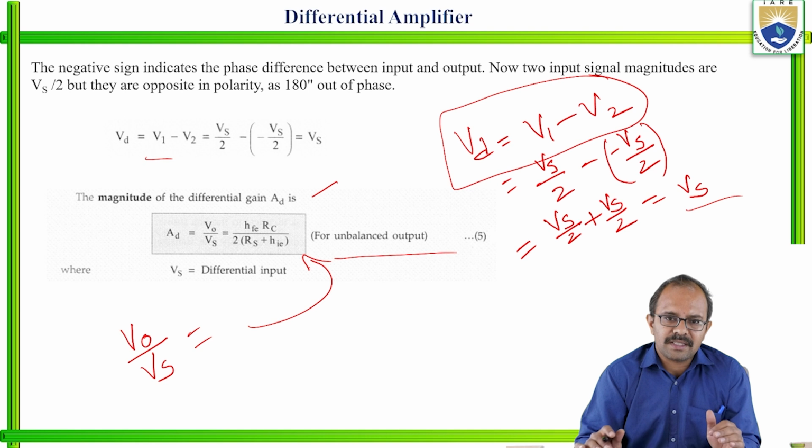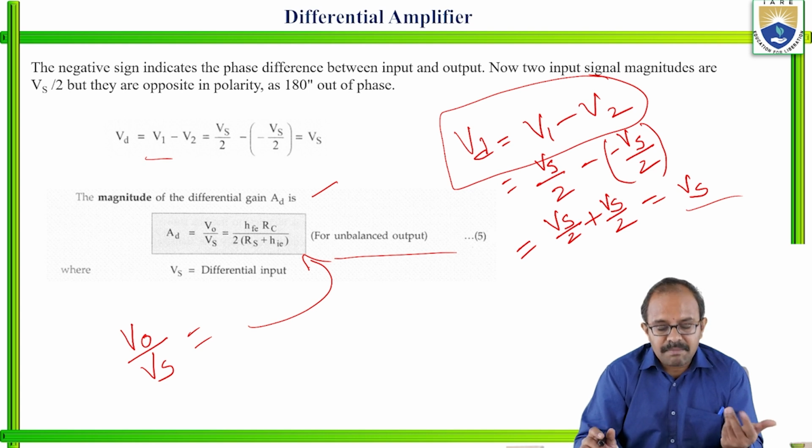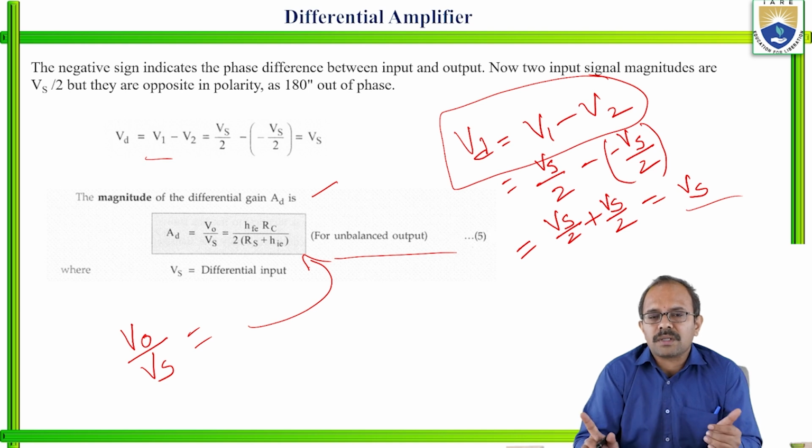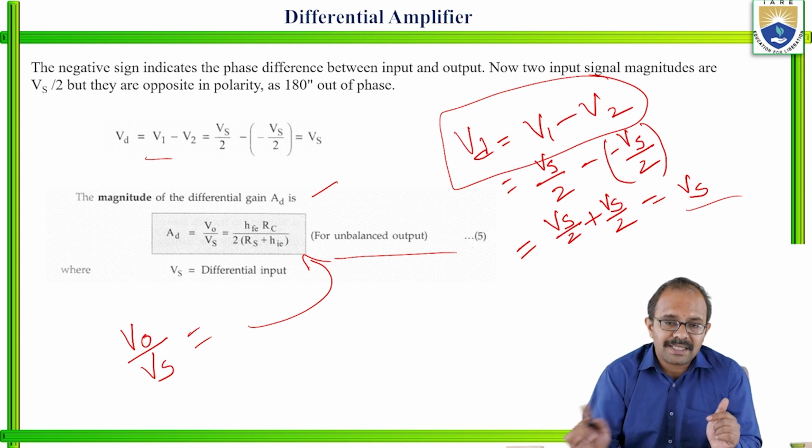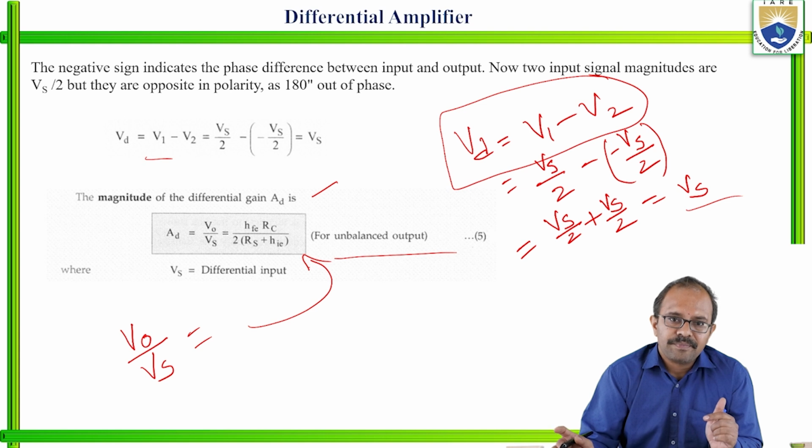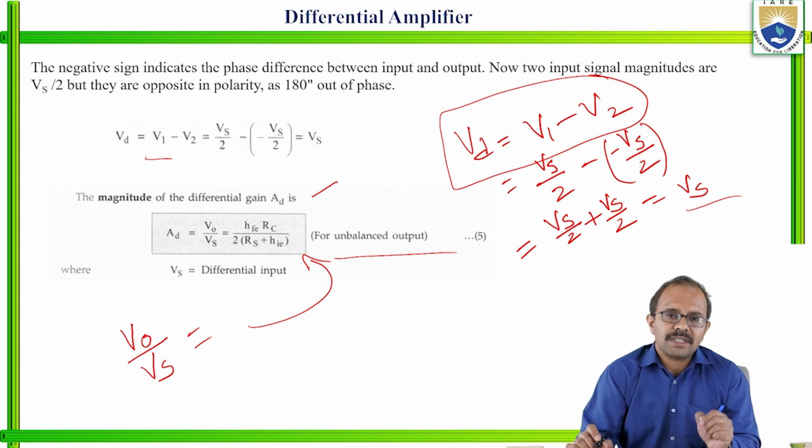This is what we consider. Similarly, for unbalanced output, unbalanced means what? There is only one output. The other circuit output is grounded. Unbalanced means out of the two transistors, only one circuit will give the V0. The other circuit output terminals are grounded. So that's what you need to remember.